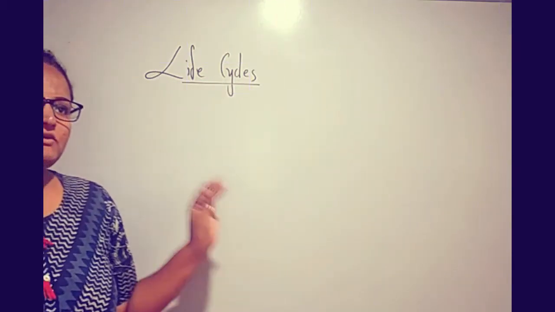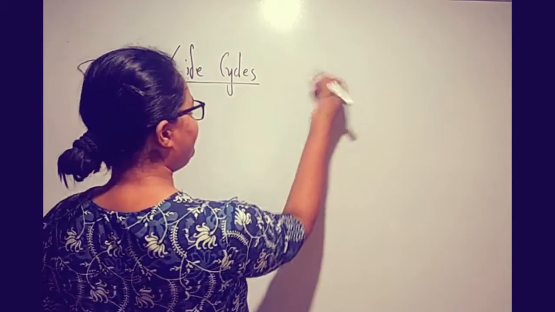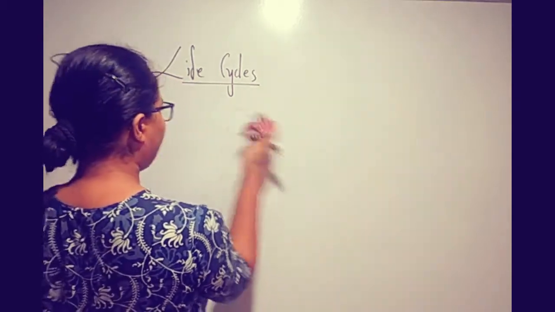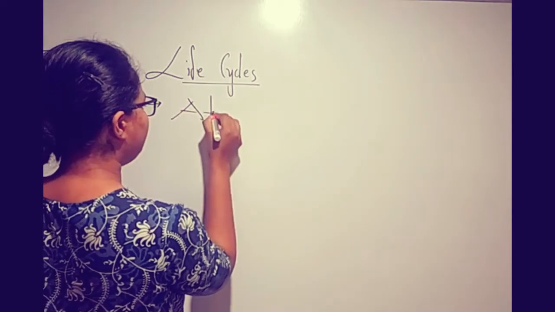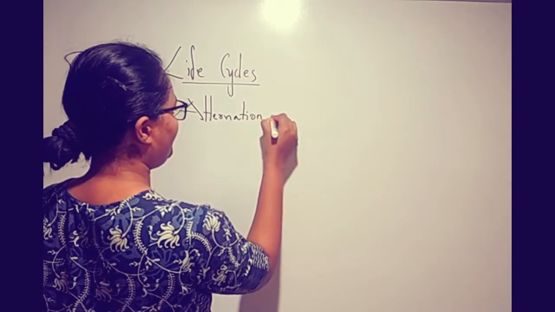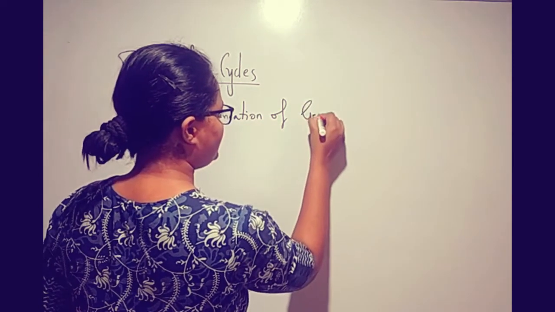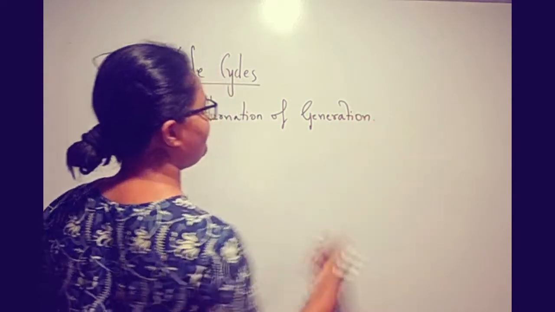About the angiosperms. In the same way, all the plants, as we have studied in the plant kingdom, especially what kind of life cycle they possess, that is alternation of generation.